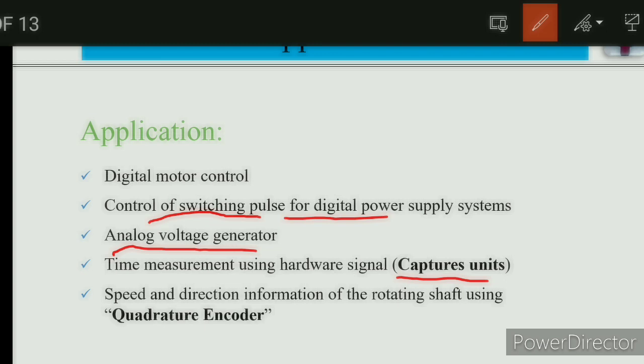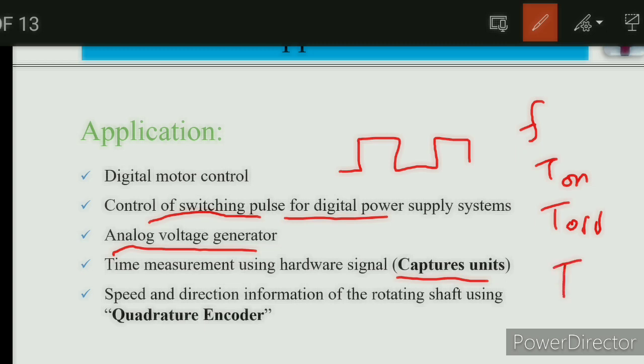If we have a signal like a square wave, which is a hardware signal, and you want to know its frequency, turn on time, turn off time, and total time, all of this is possible with the help of EPWM and the capture units.